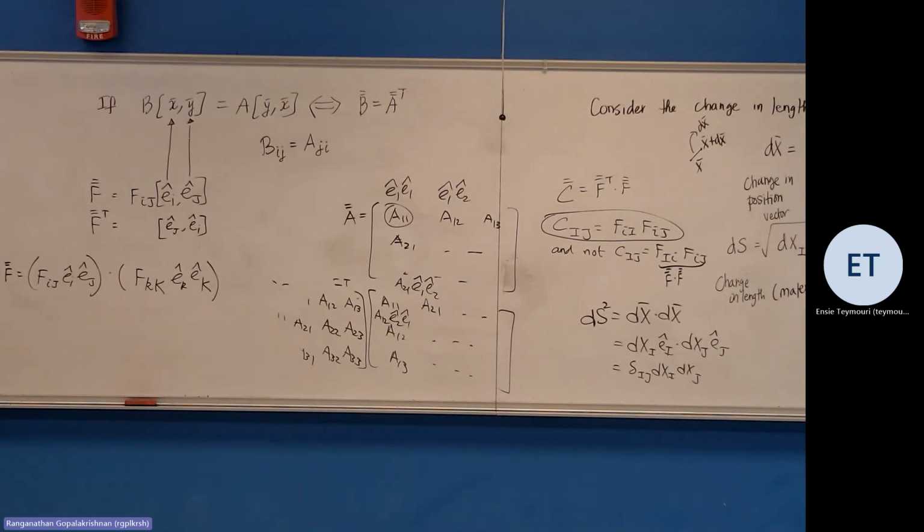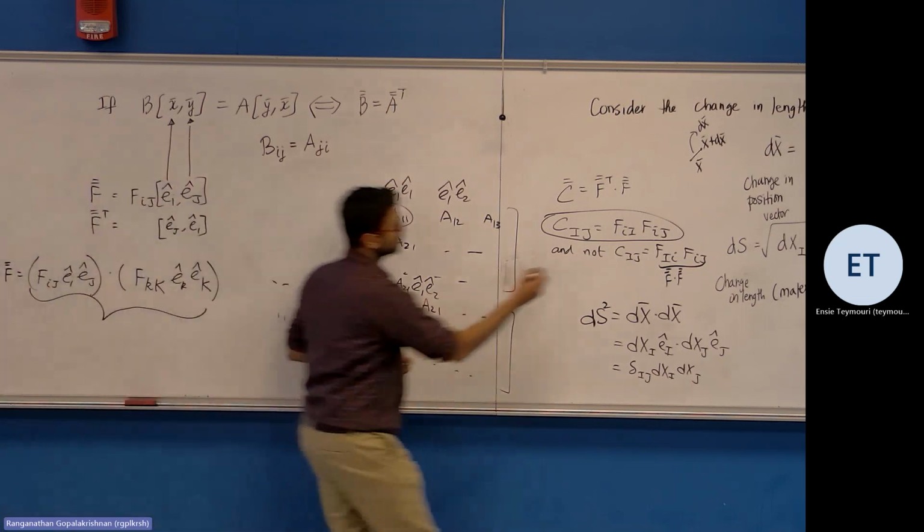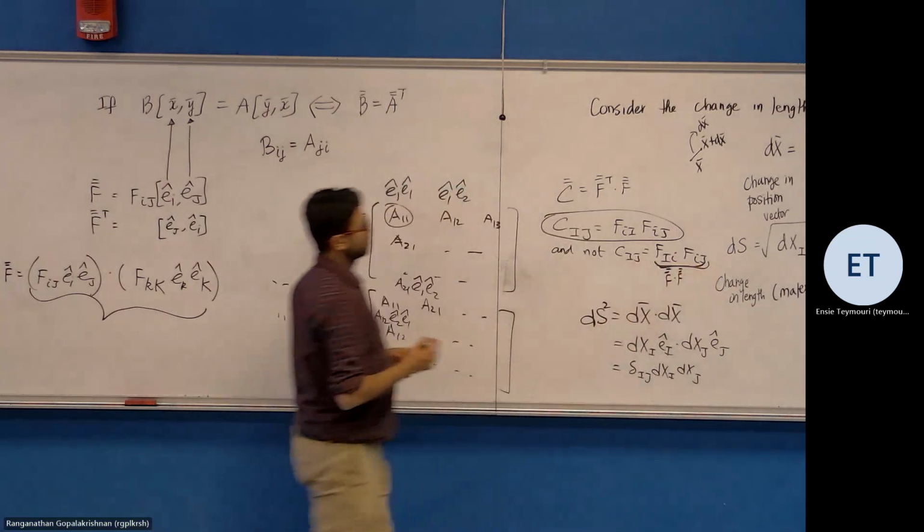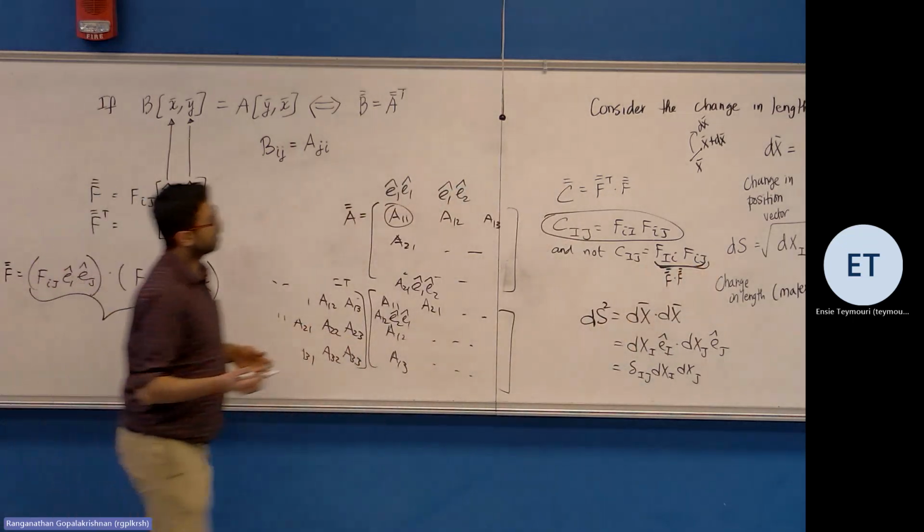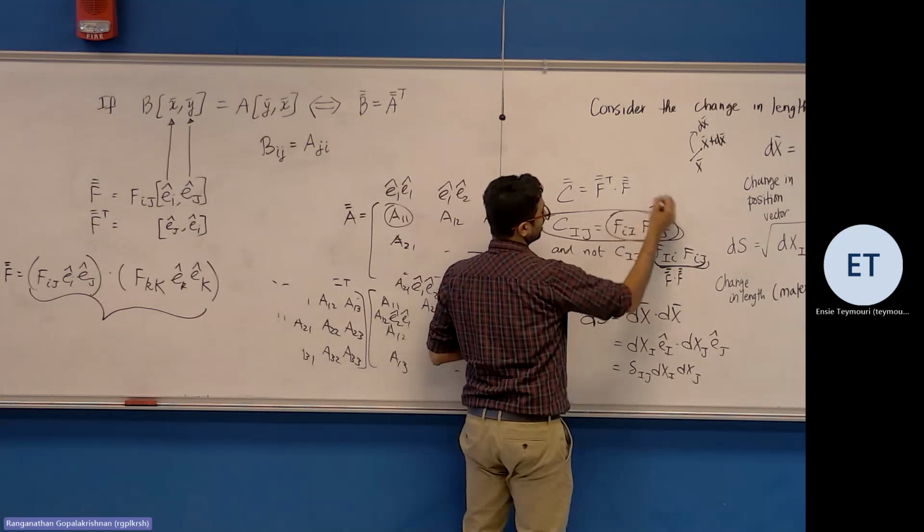So we are considering F transpose dot F. If I write F in general as F_ij e_i e_j, and again F as F_kl e_k e_l, how is this ever going to be the same? Or in other words, how is this F transpose F?